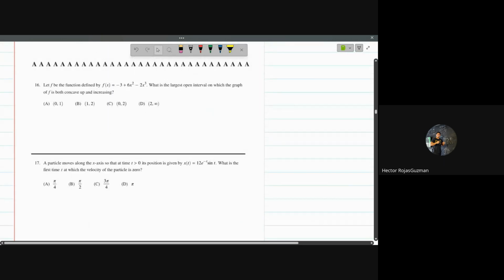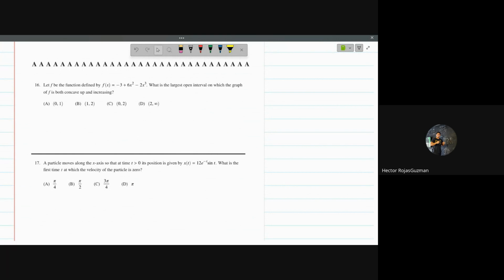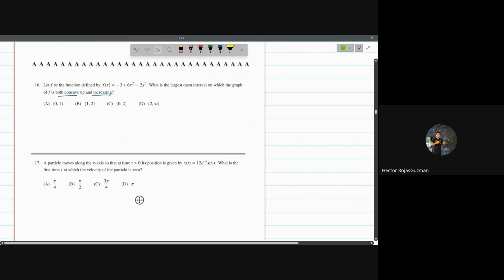Number 16. We have a function f. What is the largest open interval on which the graph is both concave up and increasing? Oh, shoot. We have to do a super table. Okay, let's just do it.